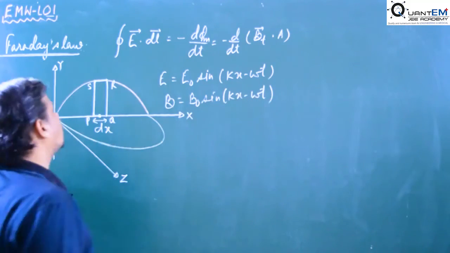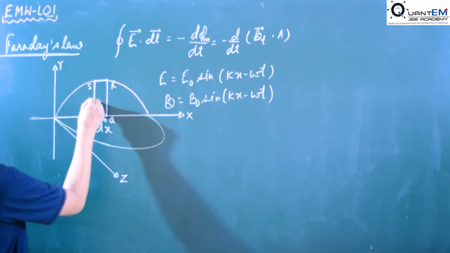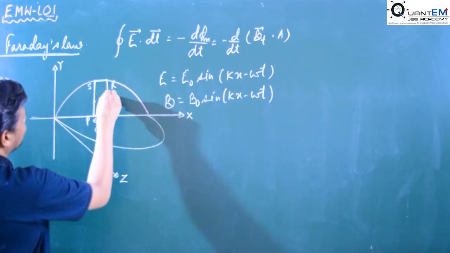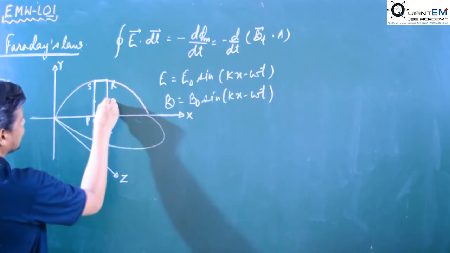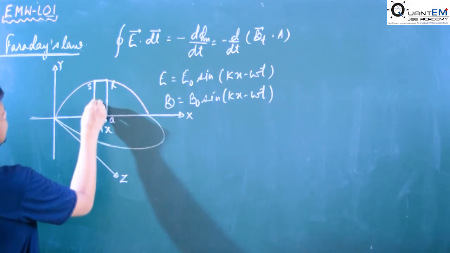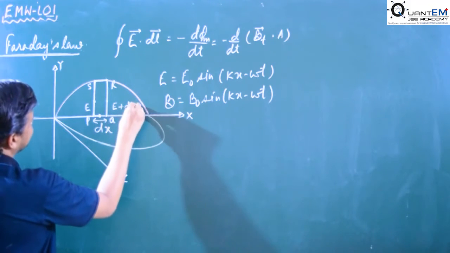So at this position, suppose the electric field is E, and at QR line the electric field is E plus dE.